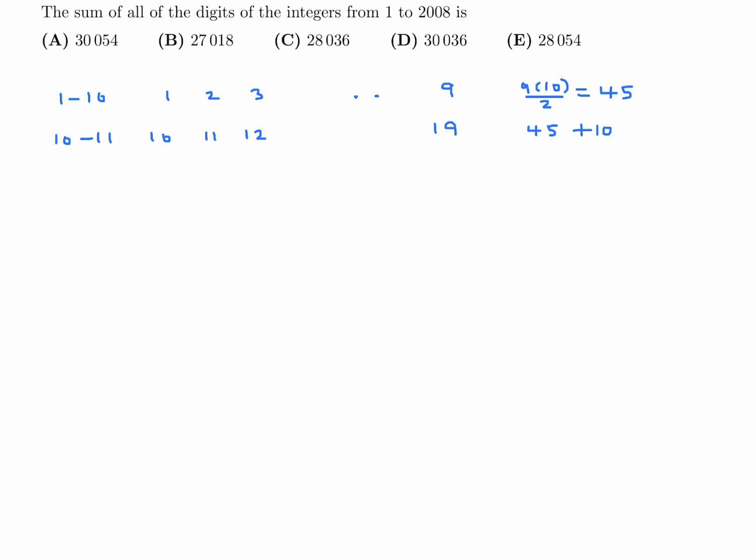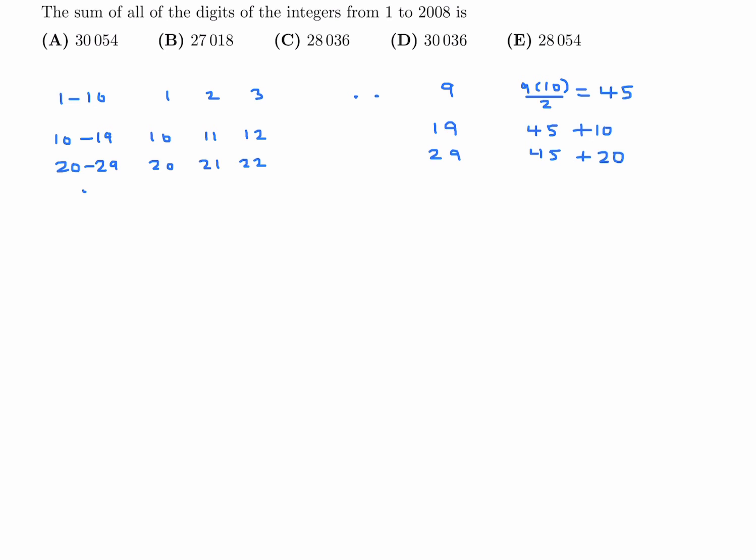Okay? Similarly, this was 10 to 19. If you go from 20 to 29, let's see what the pattern is. It'll be 20, 21, 22, all the way up until 29. Again, if you look at just the units digits, that will add up to 45. And if you look at the tens digits, those are all 2's, and there's 10 of them, so it would be 2 times 10, which is 20.